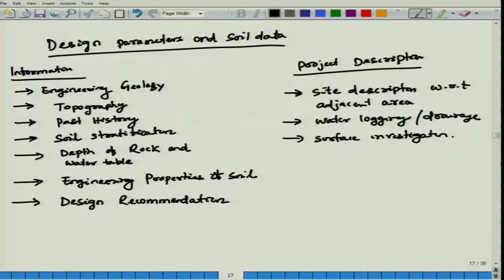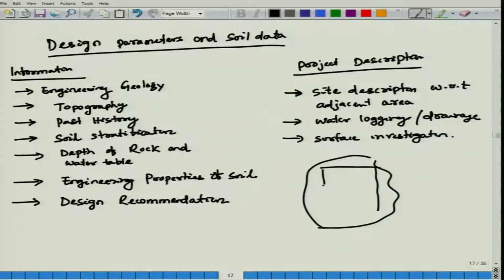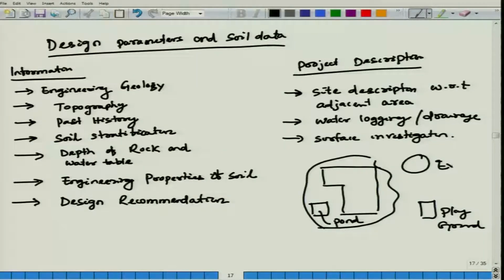So, basically for example, this is the area of your proposed construction, this is your planned structure, and there is a nala or pond here. Then suppose nearby there is already an existing playground, and an existing building.